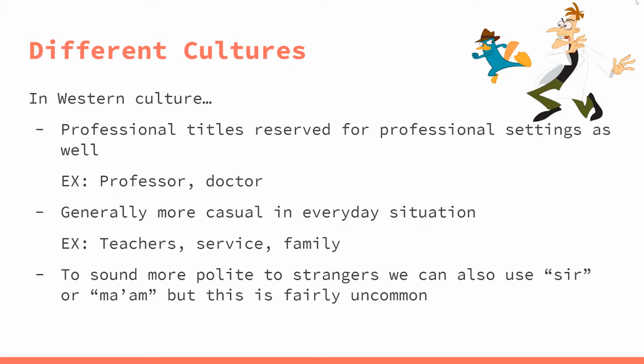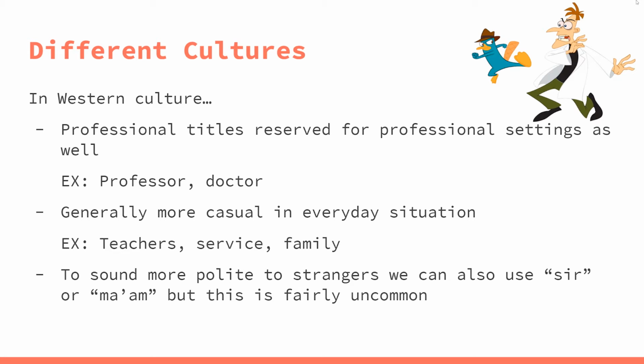The most formal we might get would be referring to strangers or teachers, where for teachers, we would call them Mr. or Mrs. or Miss, depending on their gender and marital status. And for service people, we generally just greet them with a hello, how are you, and do our business with them as we needed.